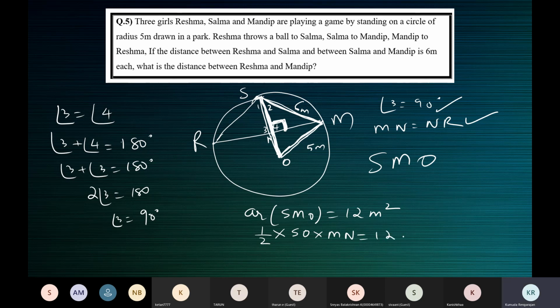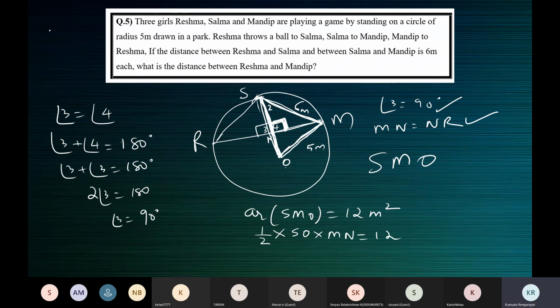When you find the area of the triangle SMO using the formula half base into height, you want to take SO as the base. If you take SO as the base, the altitude on SO is MN only. Why is MN the altitude? Because we proved that angle 3 and angle 4 are 90 degrees. This is 90, this is 90. So MN is perpendicular to SO.